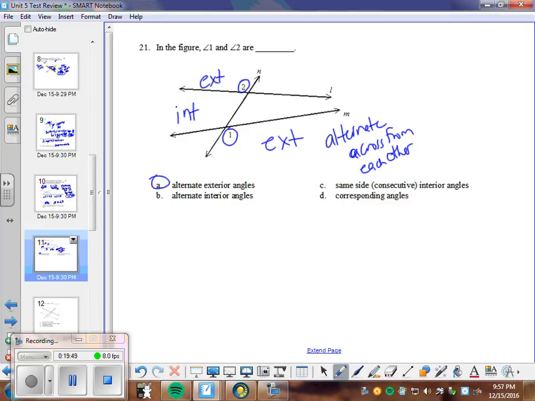And they're exterior angles because they're outside the two lines. Okay, so alternate exterior.